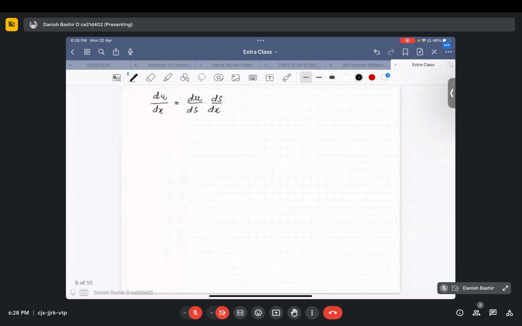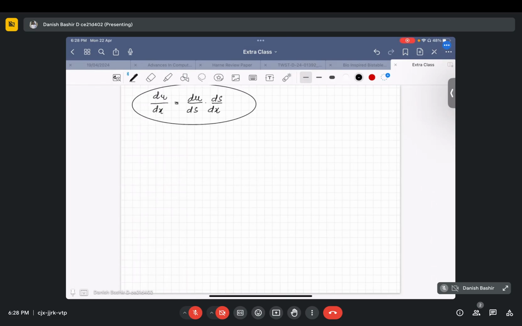Are you getting my point? We have to evaluate this differentiation. For that, du by ds is here, and we need ds by dx. But we know that we have x as a function of s, so if we differentiate it with respect to s, dx by ds is equal to d by ds of f of s, that is f dash of s.